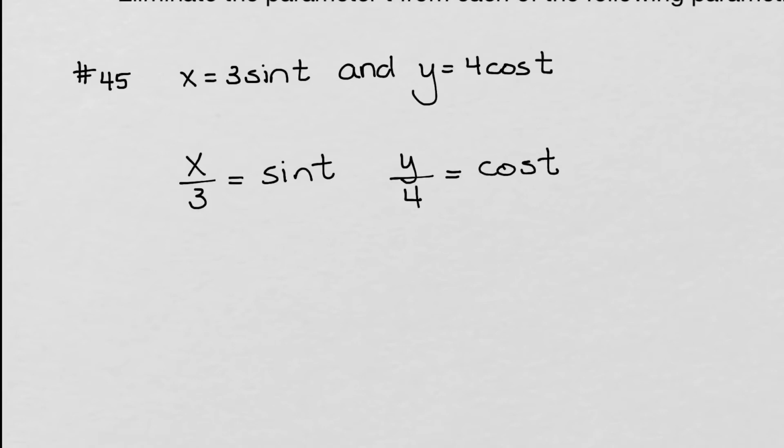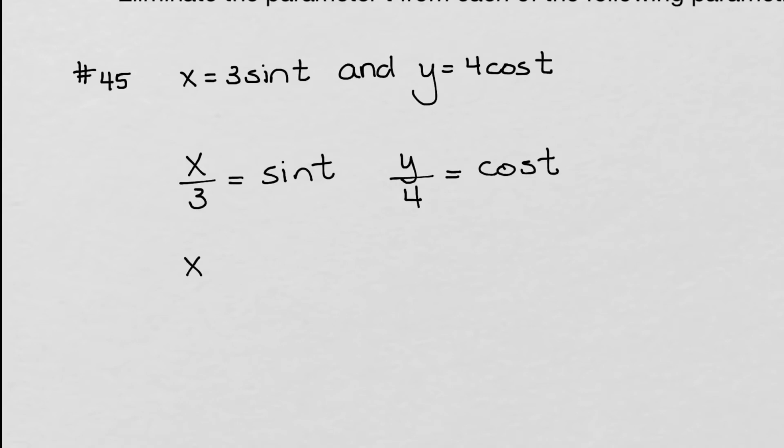So in this case, I didn't solve for t, but I solved for sine t and cosine t, which actually works very well, because I know that sine squared t plus cosine squared t is equal to 1, so I'm going to square both sides of each of the equations.